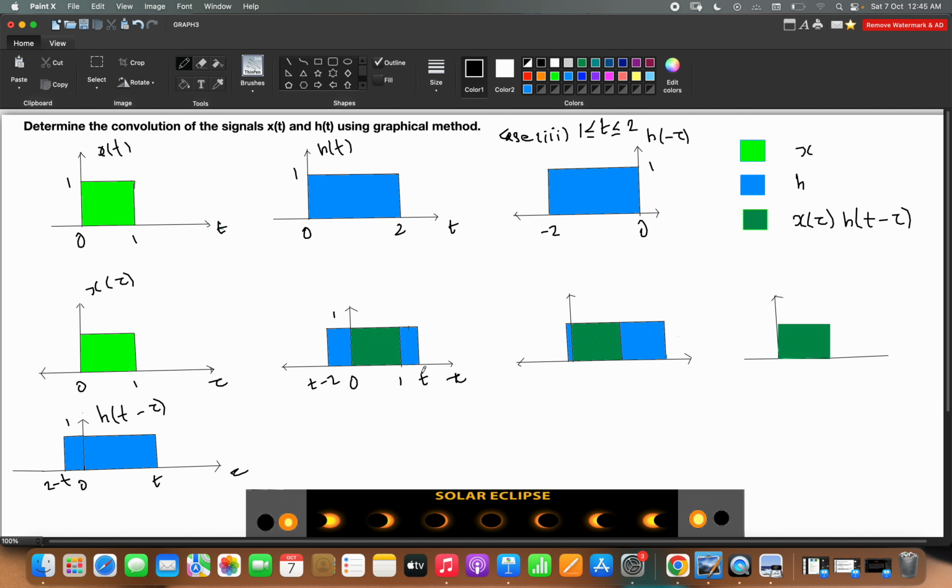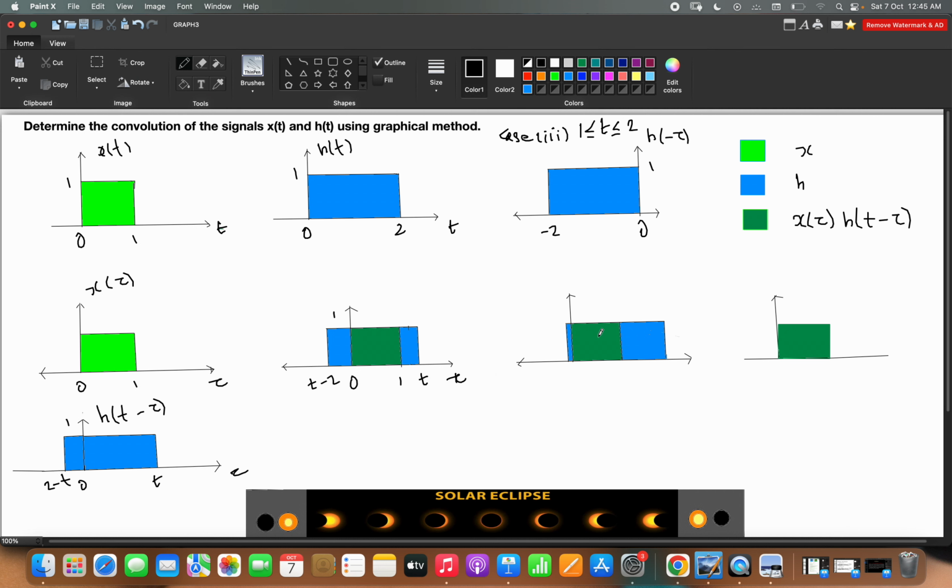So you can see the value of t is greater than 1 in this case. So the overlapping region is nothing but the area equal to x of tau. The entire x of tau is overlapped with h of t minus tau.